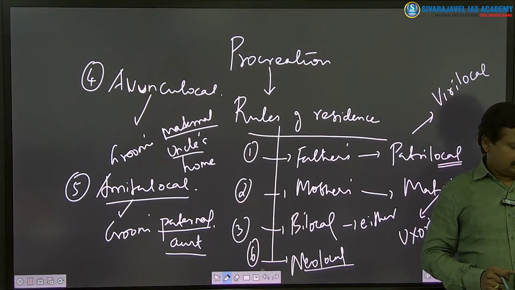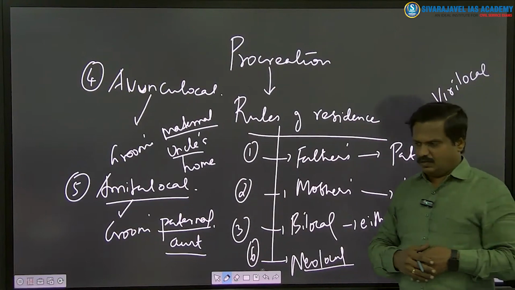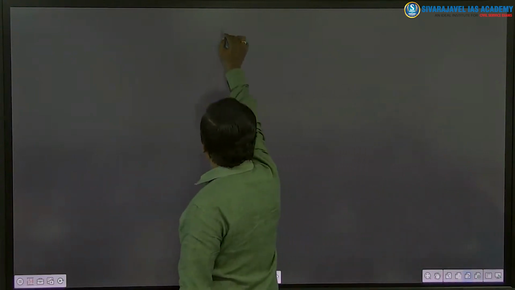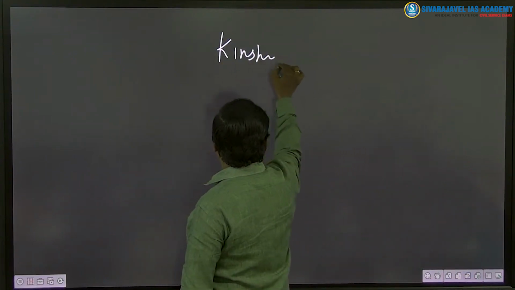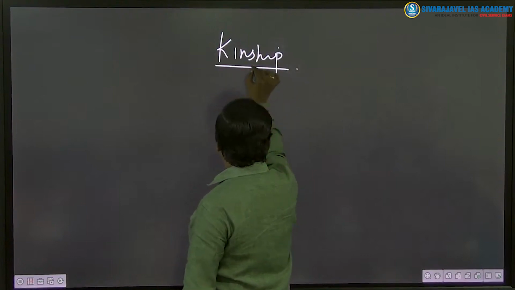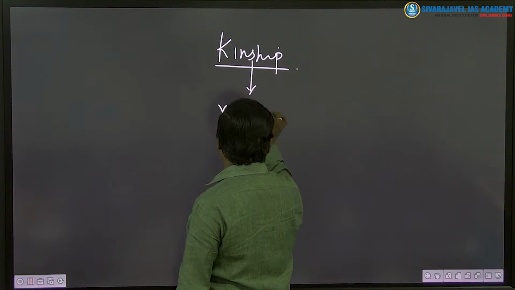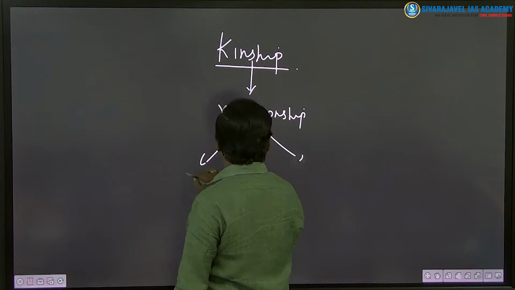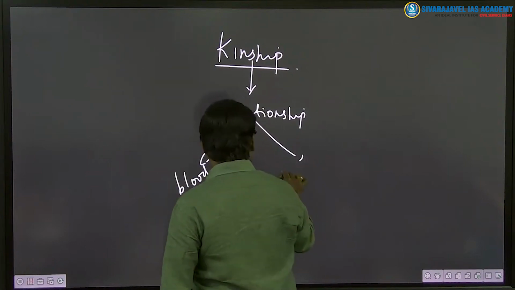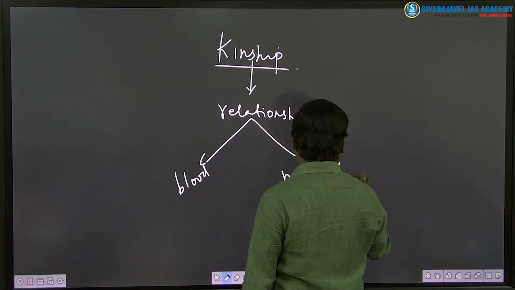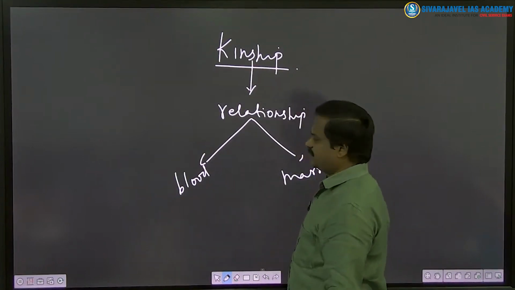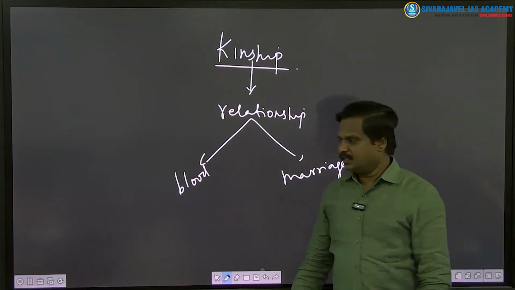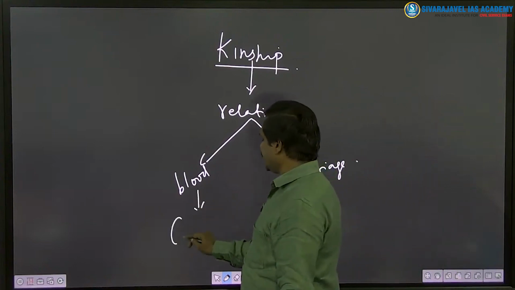Now, we use a concept called kinship. Kinship refers to relationship based on blood or marriage. Blood means consanguines.